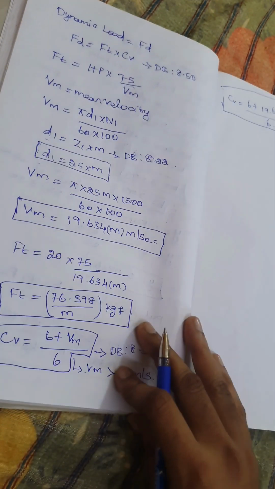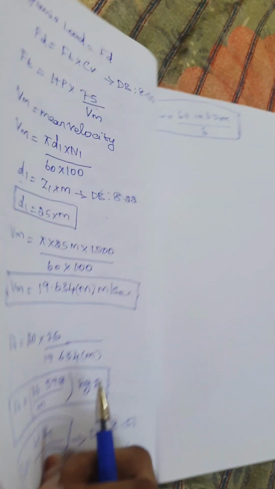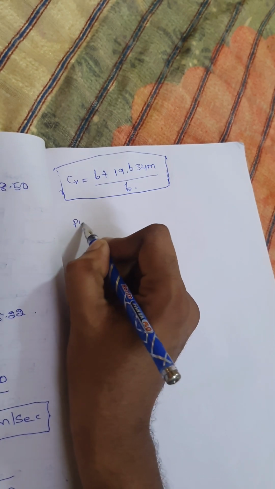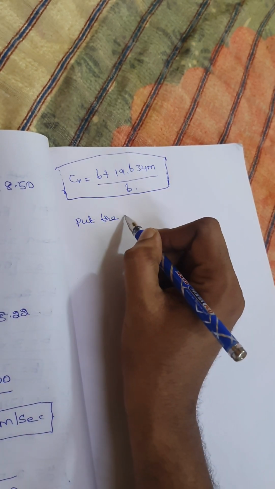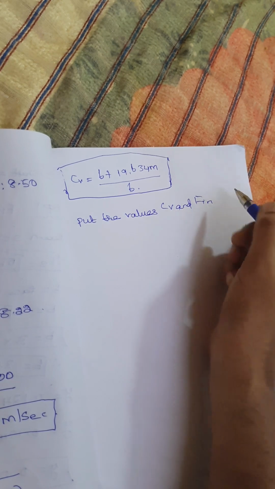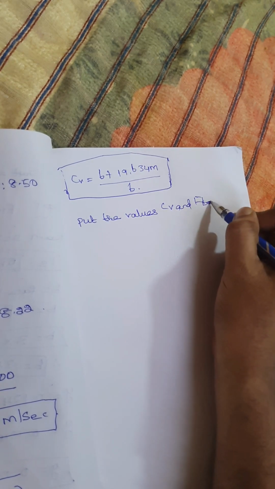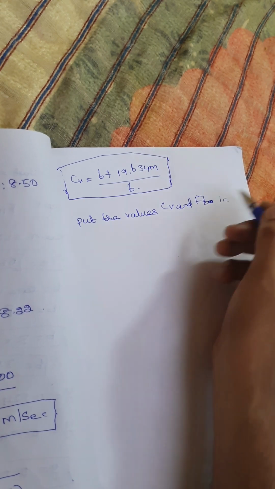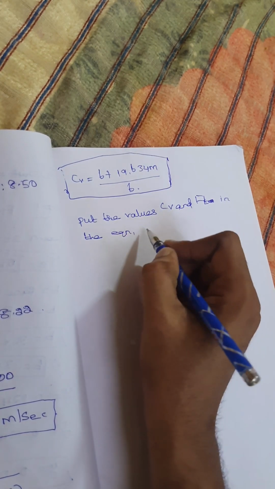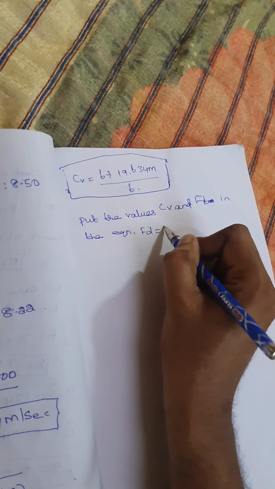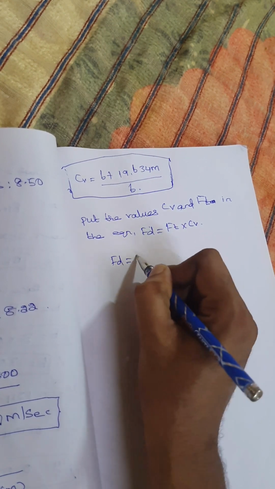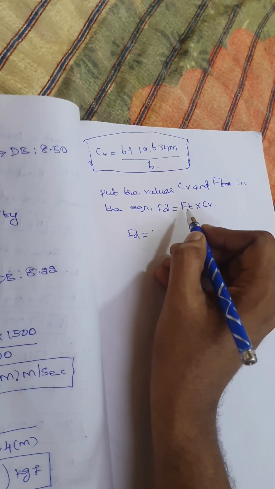And F of T. So now we can put the values of C of V and F of T in the equation, which is F of D is equal to F of T into C of V. So F of D is equal to, put the values of F of T. What is F of T?